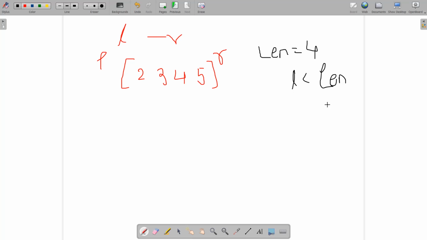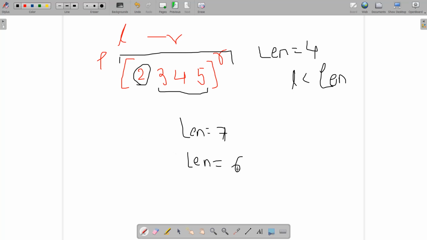If I work on length 4 and choose this element, the length becomes 3, so you need to know the answers for length 3. Similarly, for length 7 you need the answers for length 6, and for 6 you need the answers for length 5. So for every segment from length 1 up to length n, you need the previous answers as a prerequisite. To know the answer for length i, you need the answer for length i minus 1.